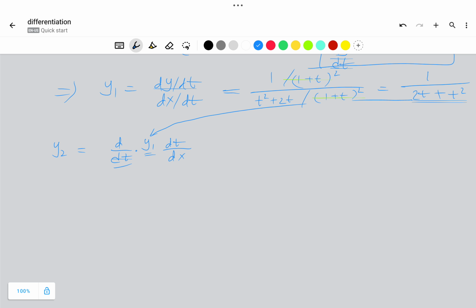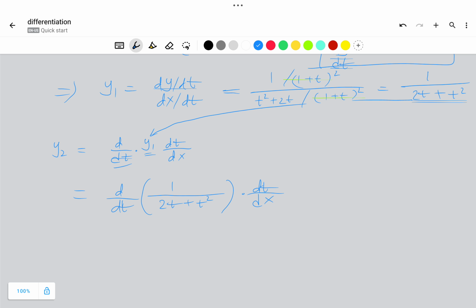So what we have to do is d by dt of 1 upon 2t plus t square, into dt by dx.